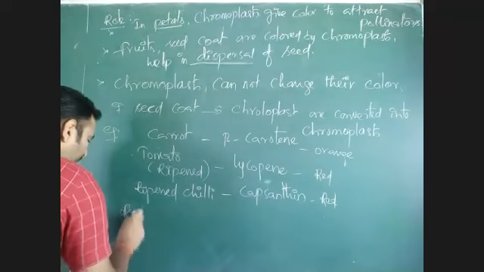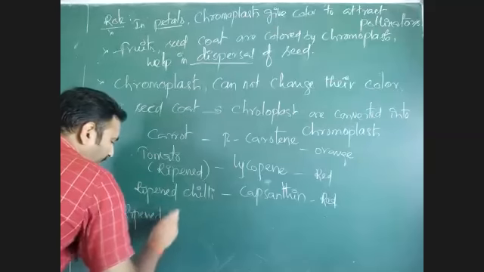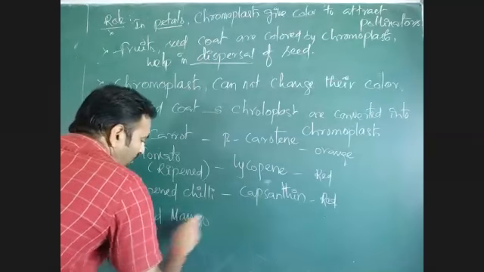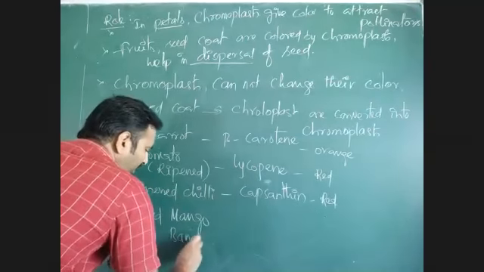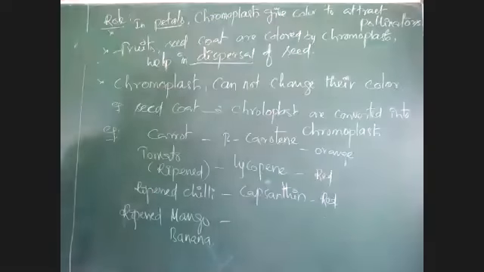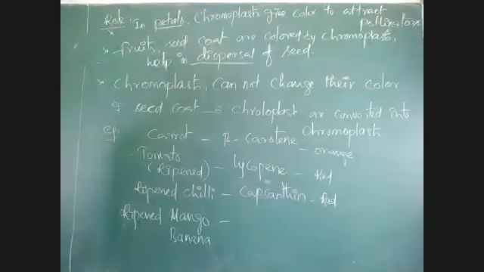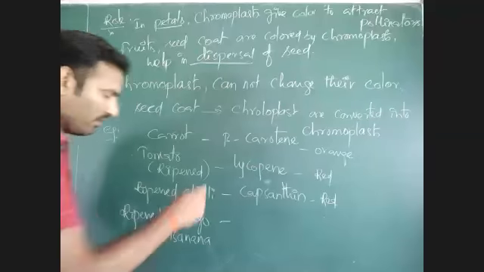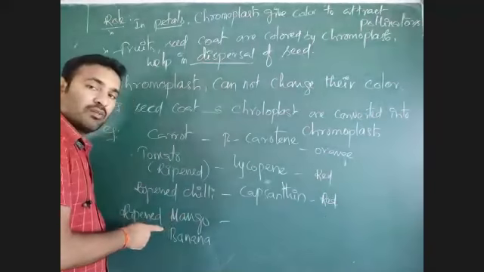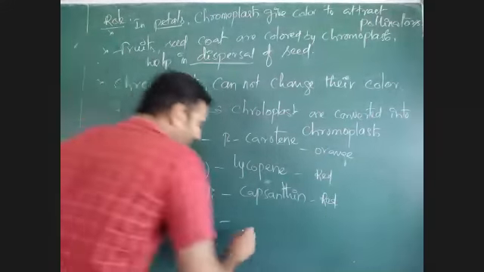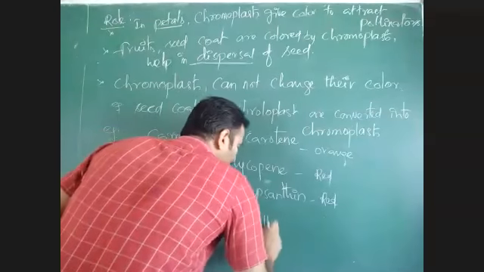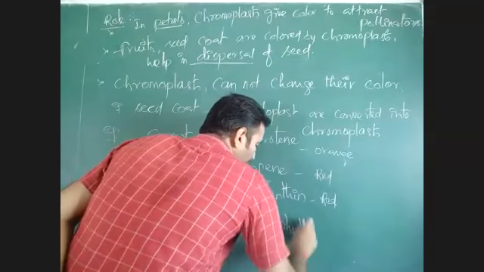Finally, ripened mango and banana. In ripened mango and banana, there is presence of another pigment. What is the color of ripened mango and banana? Yellow color. Yellow color is due to xanthophyll.